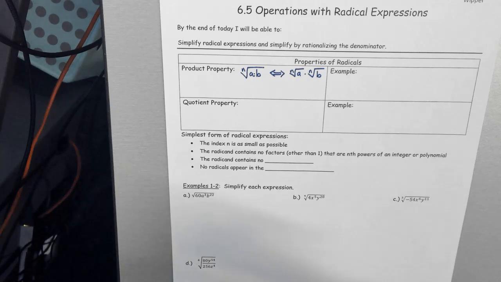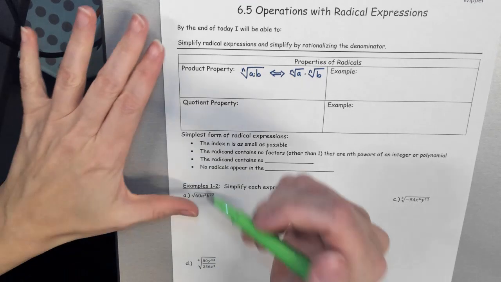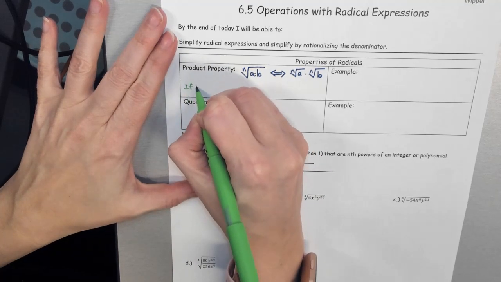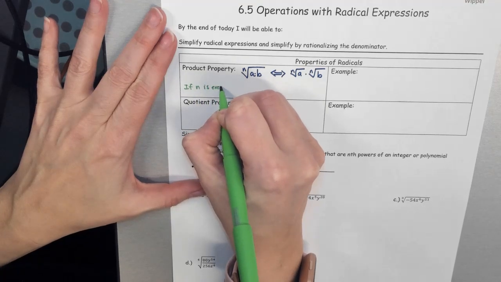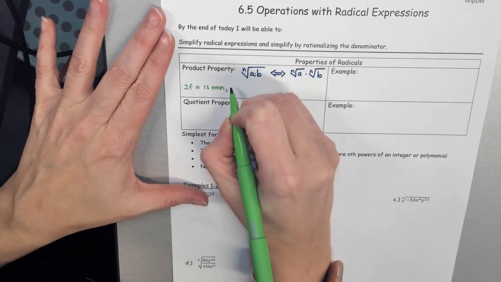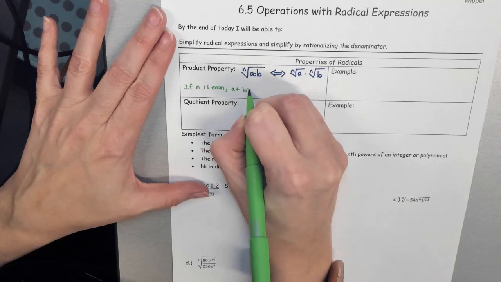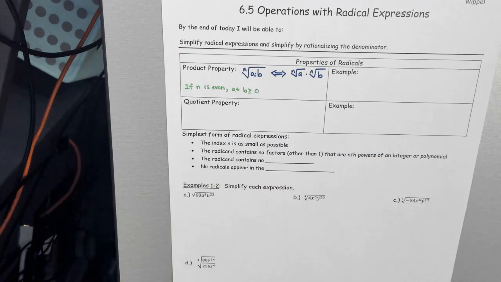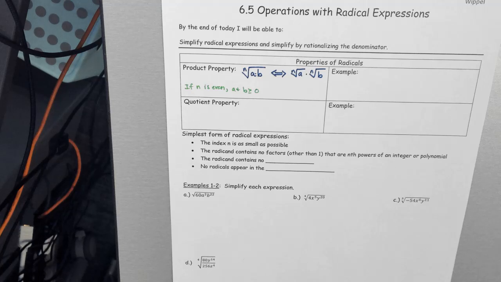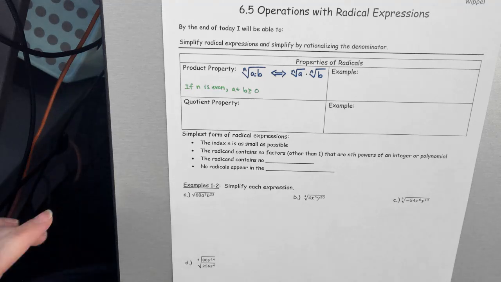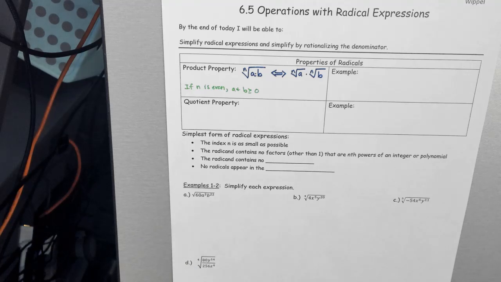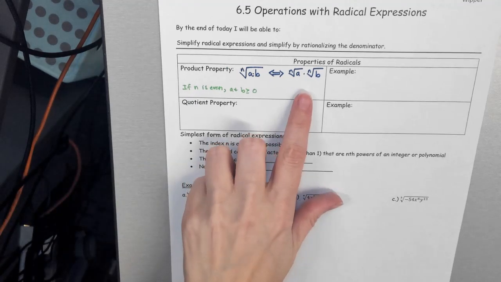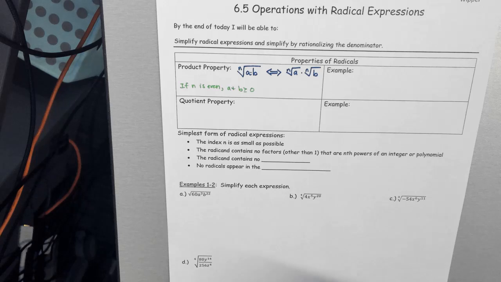Okay, remember that if n is even, then a and b have to be greater than or equal to 0. Okay, so if it's an even root, you have to have both of those be positive. You can't just multiply them, two negatives to make a positive in terms of this rule.